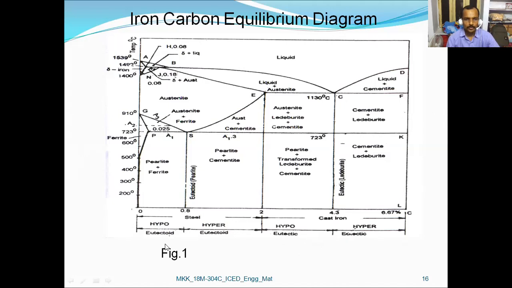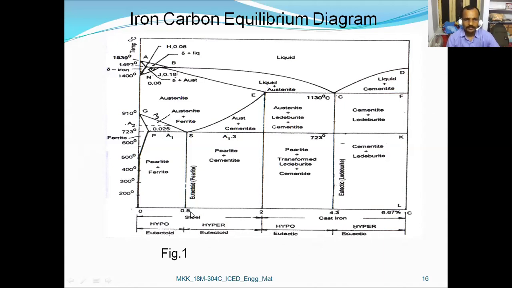Now let us look at the horizontal side, where at different carbon contents it can be called steel or cast iron, or by different names. Starting with 0 to 0.8% of carbon, it can be called hypoeutectoid steels. First is the eutectoid phase and next is eutectic.